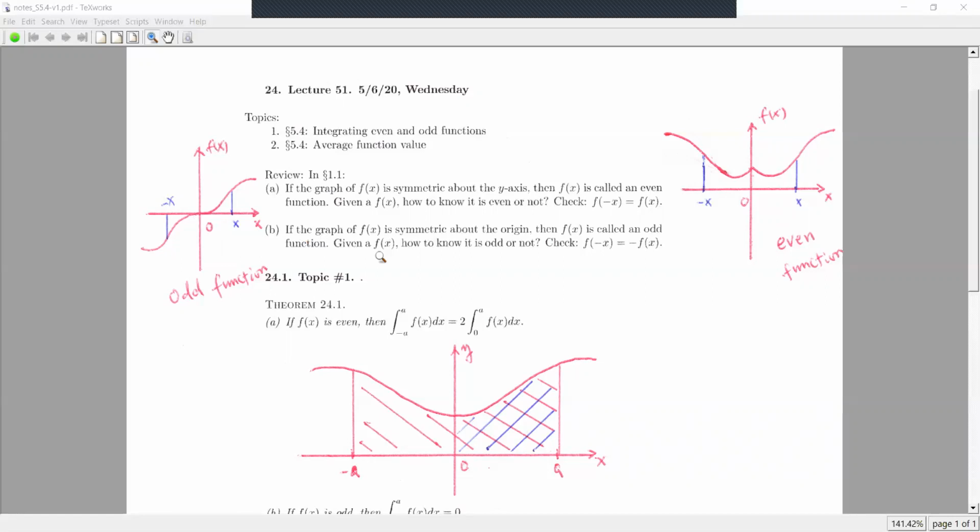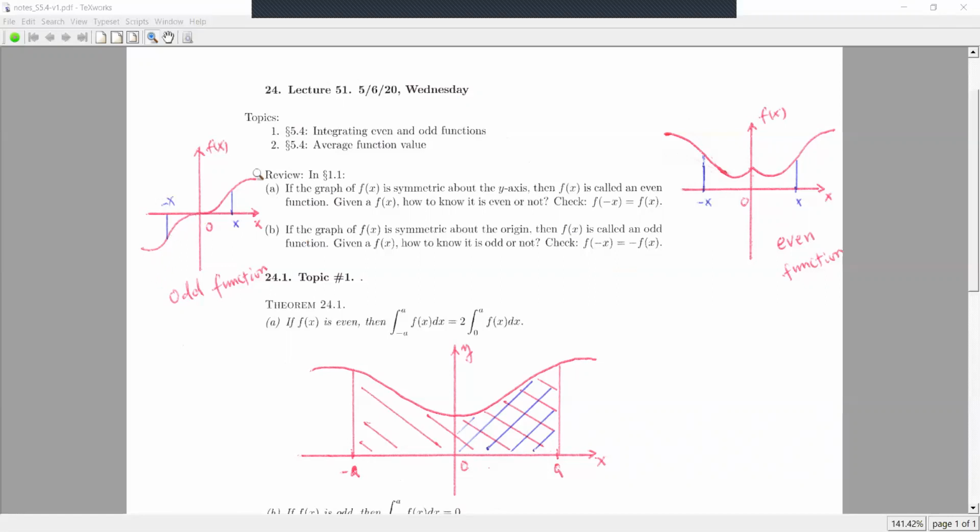Again, without plotting the graph of a function, how to know the function is an odd function? Have a check with this equation. Negative x and x are points symmetric about the origin.